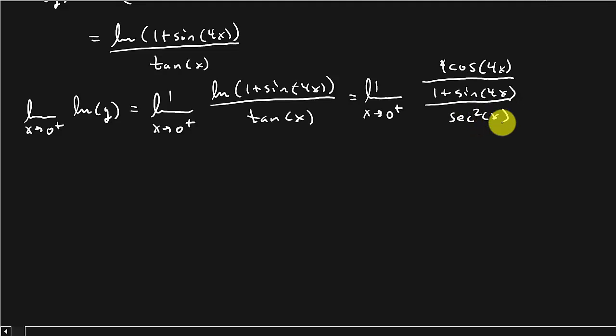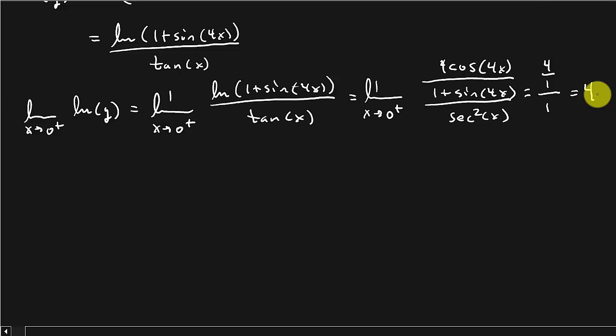I could simplify, or I can just see that the cosine of 0 is 1, so that's 4 over, and the sine of 0 is 0, so 1 plus 0 is 1, and secant of 0 is 1, so this is going to give me 4.